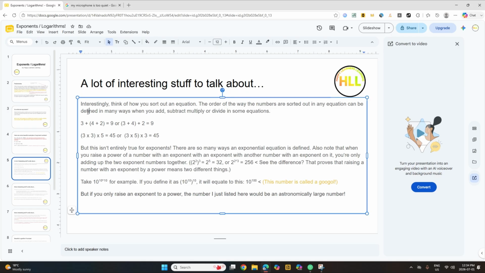So interestingly, think of it this way: if you're working on an ordinary math equation, whether it's addition, subtraction, multiplication or division, it doesn't even make that much of a difference.